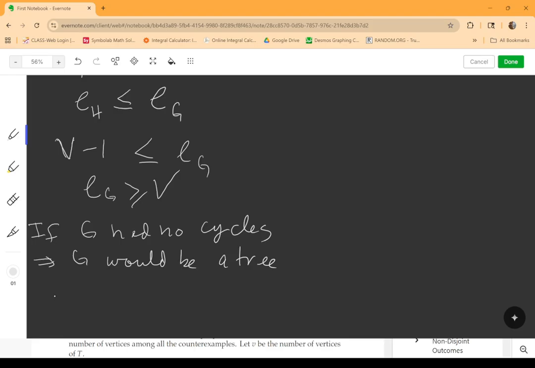That would mean that E of G would have to equal V minus 1.